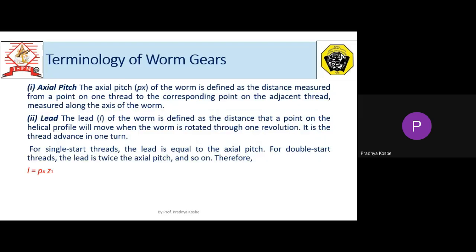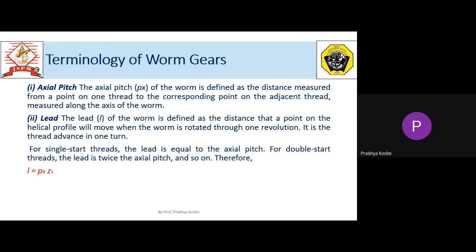First we'll see terminology of worm gears. In the case of a worm gear, axial pitch is the distance measured from a point on one thread to the corresponding point on the adjacent thread, measured along the axis of the worm.